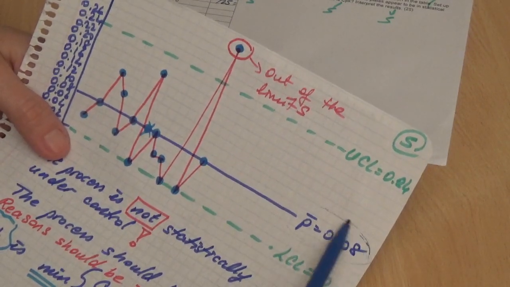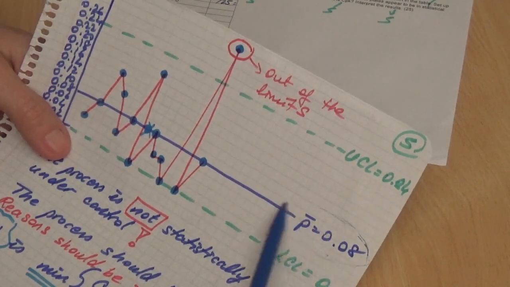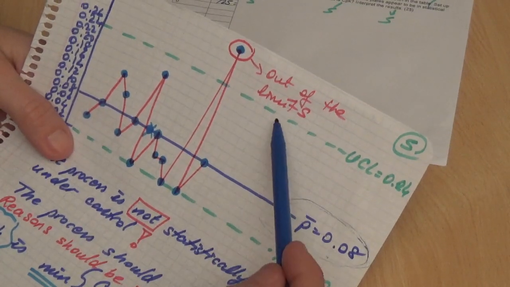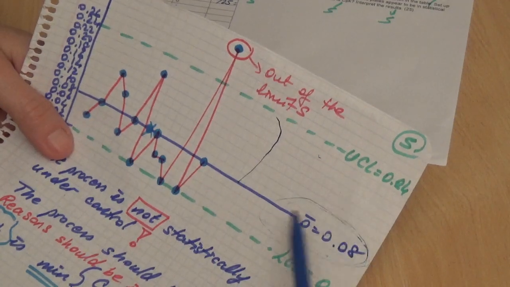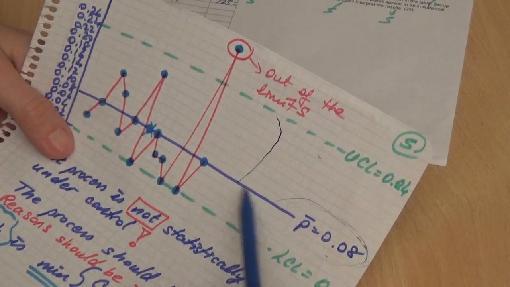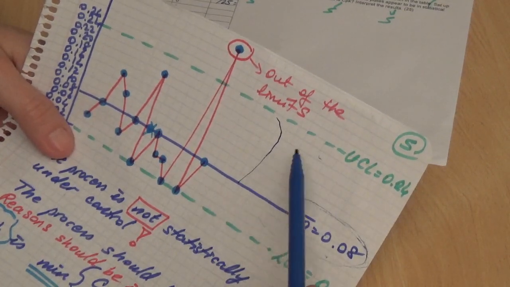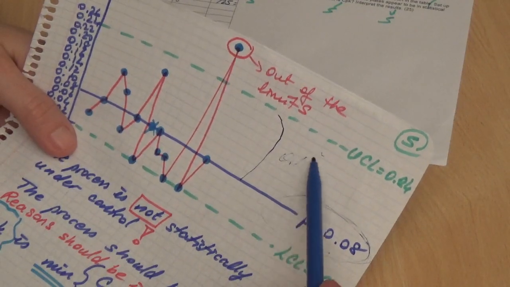This was the average, 0.08, not 2, because we are dealing with this control diagram. So the difference between the upper control limit and the center line is 0.16.